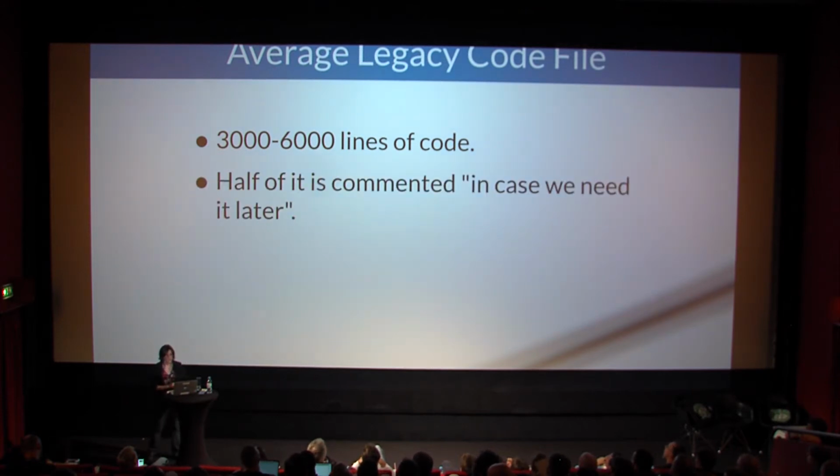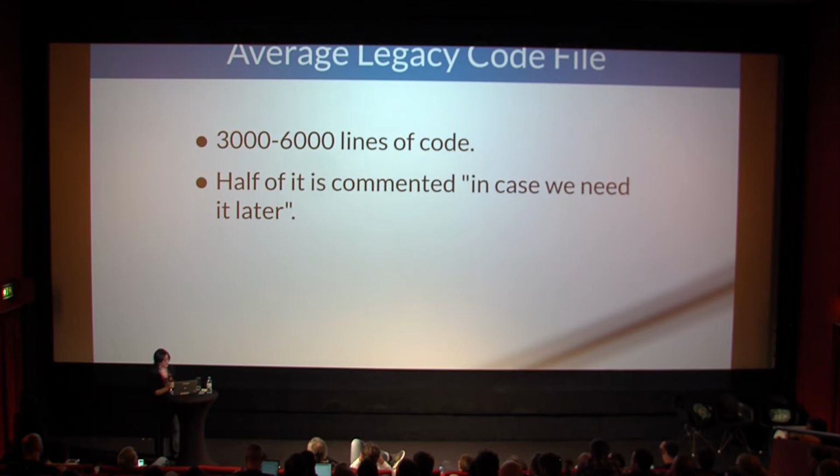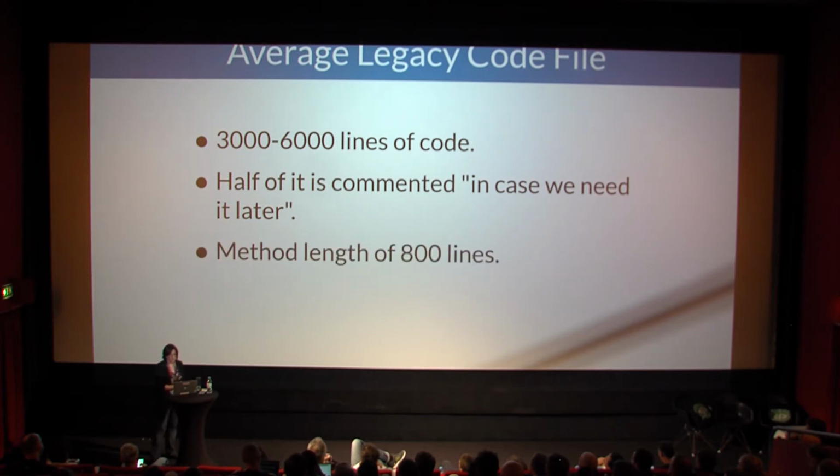Half of it is commented out just in case we need it later, because people weren't quite aware of source control at the time. And even today, I still see people do that, even though they use source control. It's an old habit of keeping that code readily available instead of just going through the history. Method lengths of 800 lines, pretty standard.